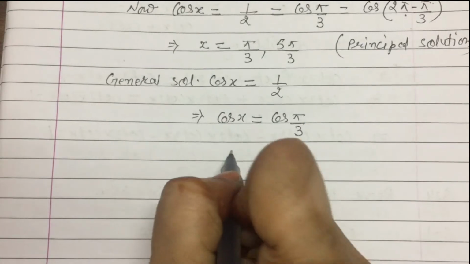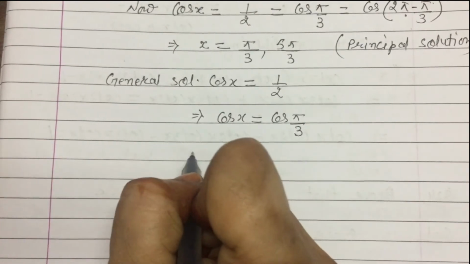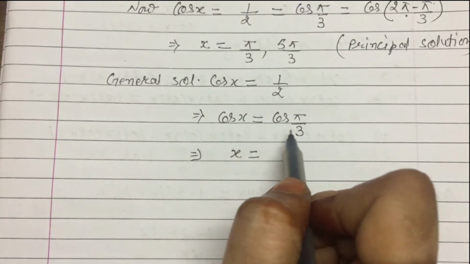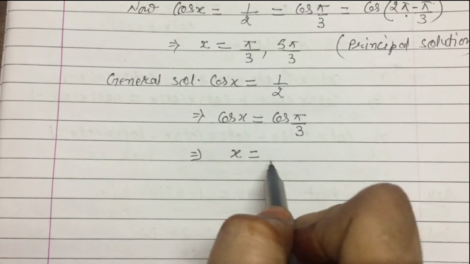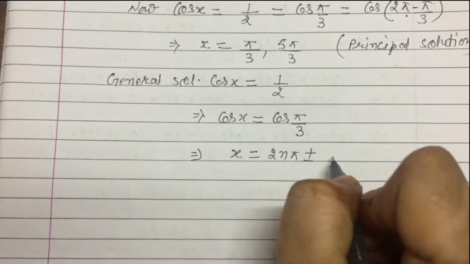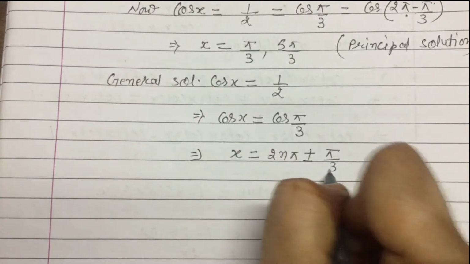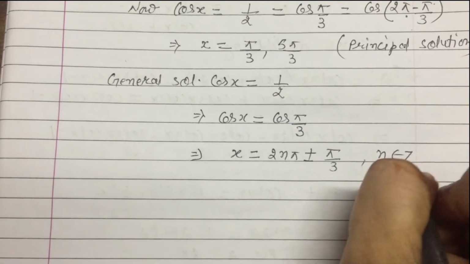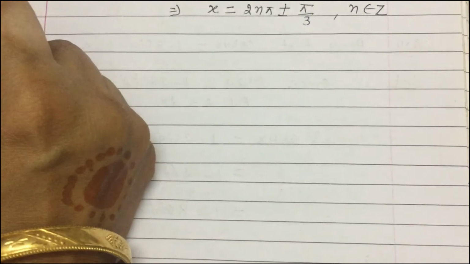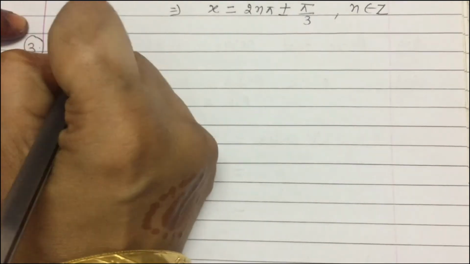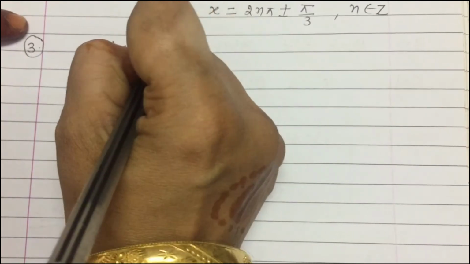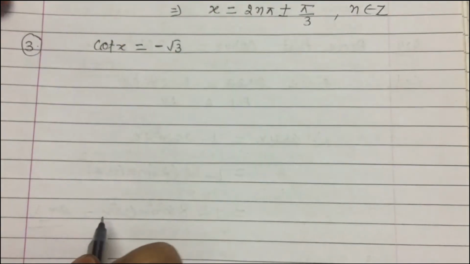Therefore x is equal to, now it is in the form of cos x is equal to cos y, so x is equal to 2n pi plus minus pi by 3, for n belongs to Z. And the next question is cot x is equal to minus root 3.